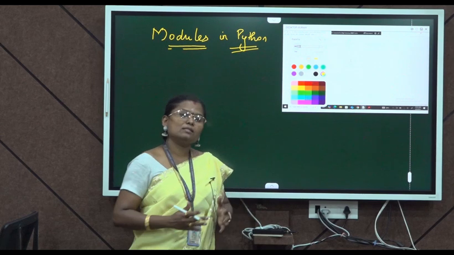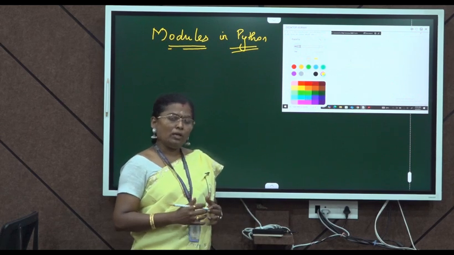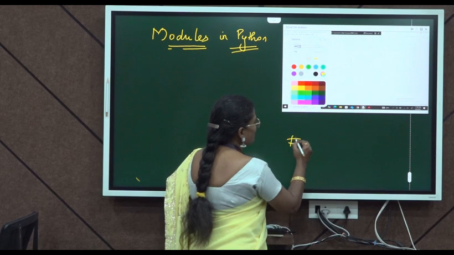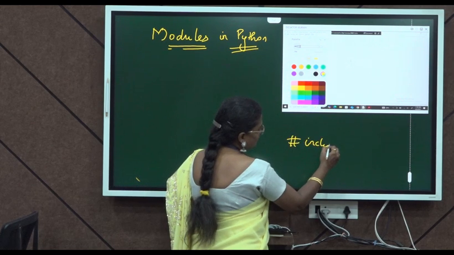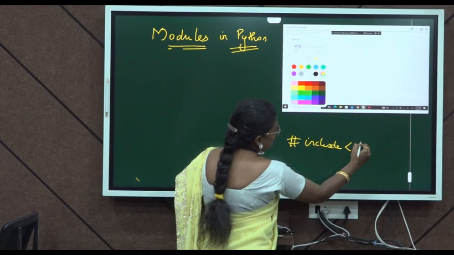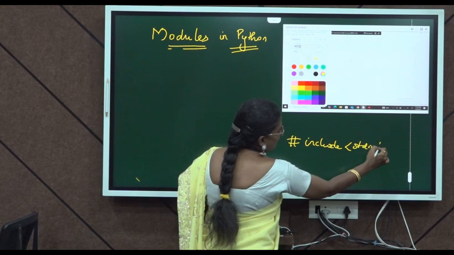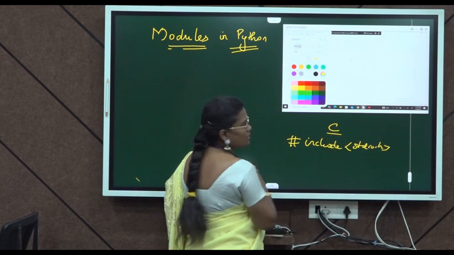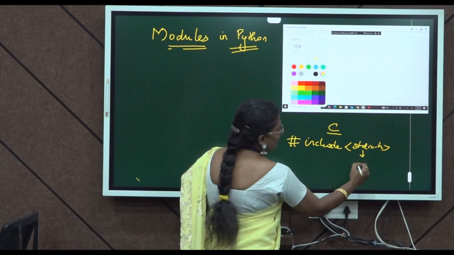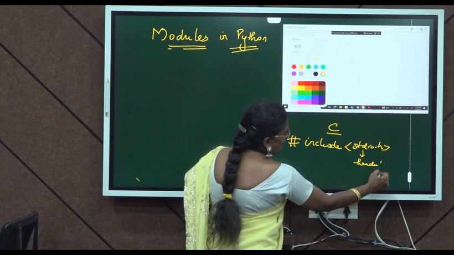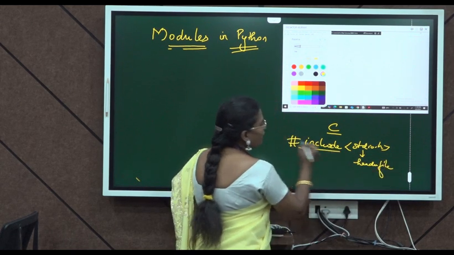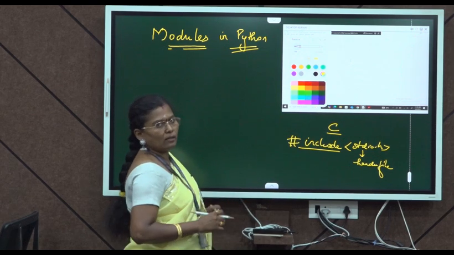How is stdio.h used in our program? We use something called hash include. This is done in C, and the header file is included in my program using hash include.